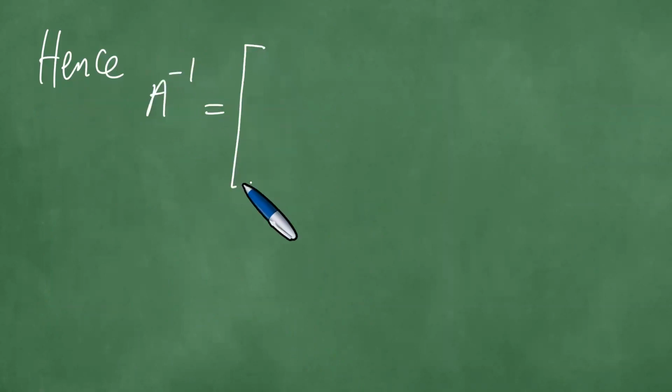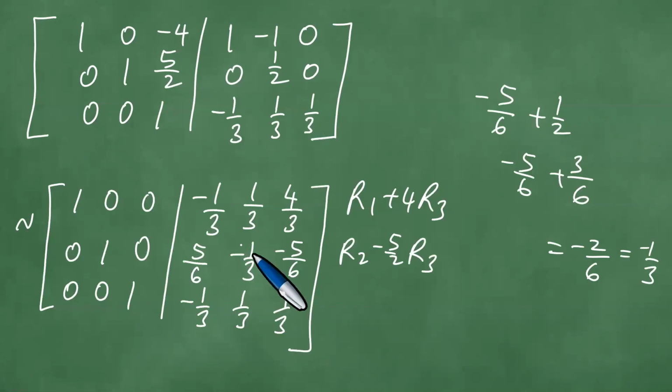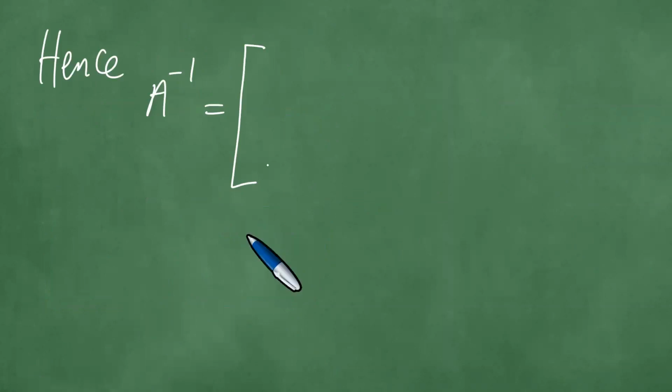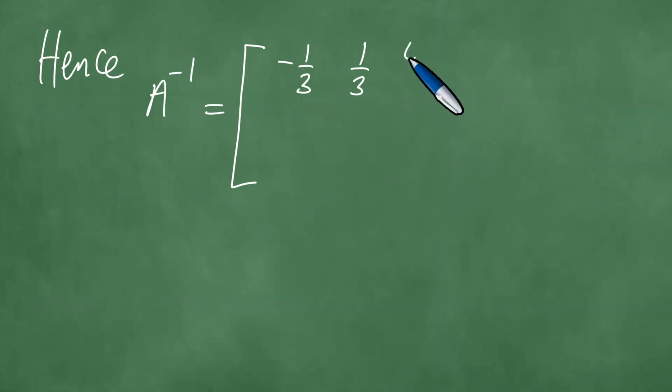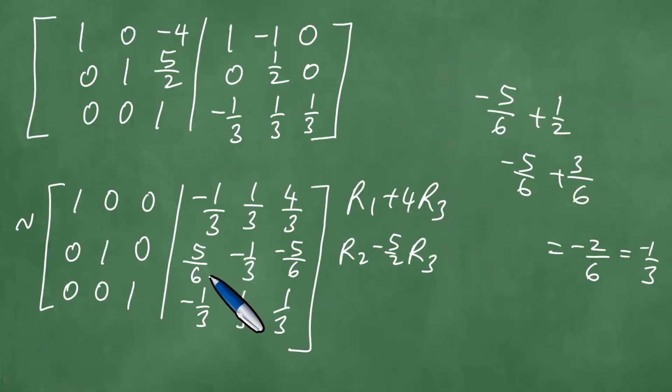A inverse is minus 1/3, 1/3, 4/3. Which is 5 out of 6.